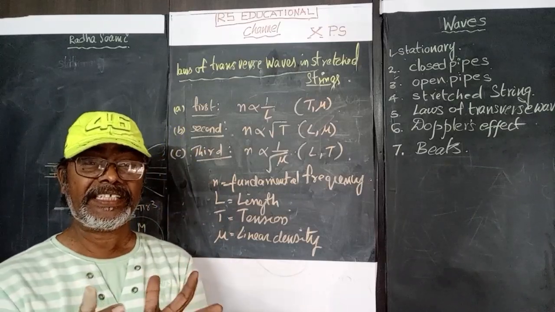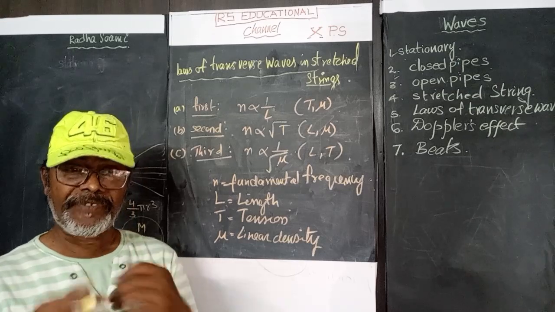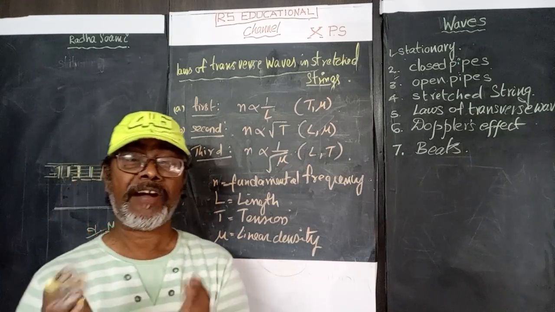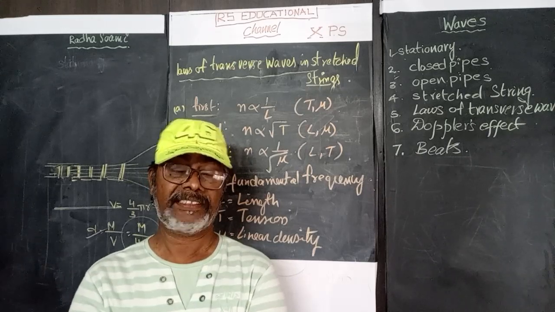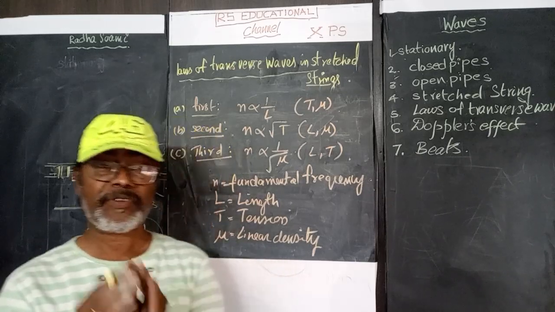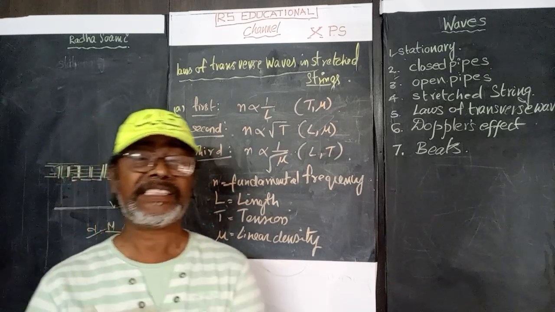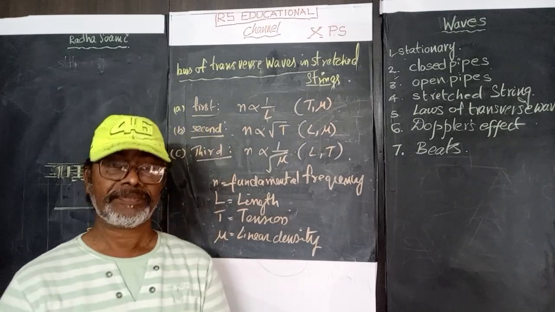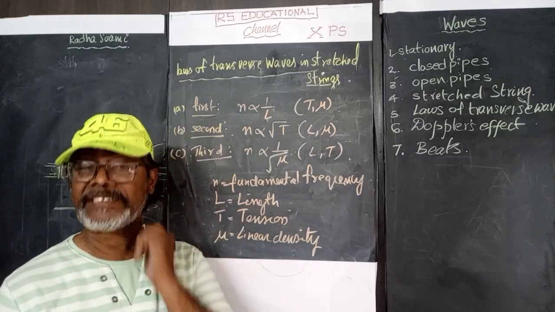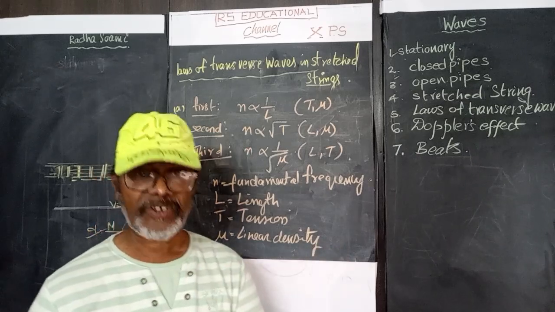These three depend one upon each other. So if you want to describe one, we have to take the other two as constants. So if you want to describe the length, then automatically tension and linear density are constant. If you want to explain tension, automatically length and linear density are constant.